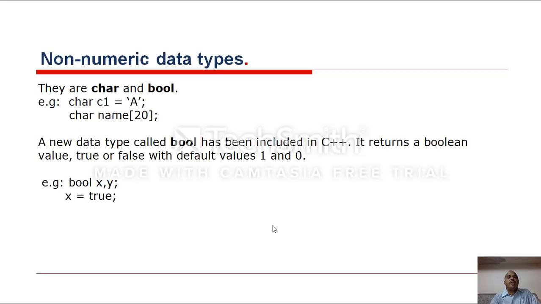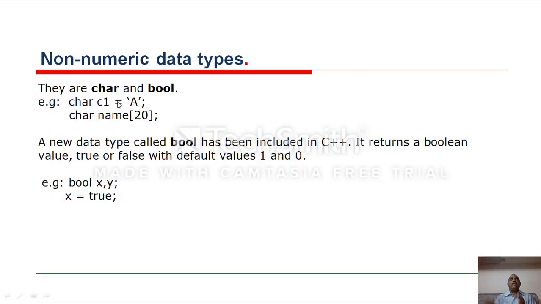Okay, good. Next are the non-numeric data types. There are char and bool. Example: char c1 = 'A'. Char is a keyword, so this is the data type. c1 is a variable name. Equal to is an assignment operator.